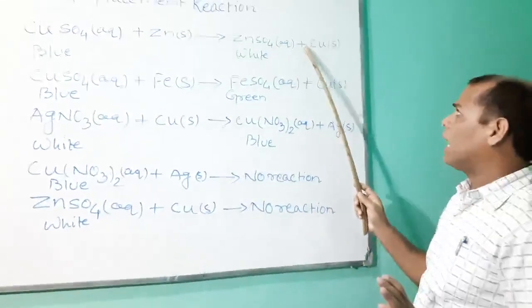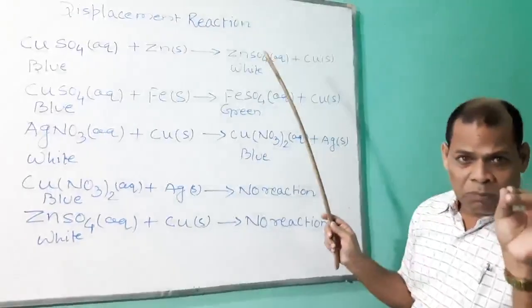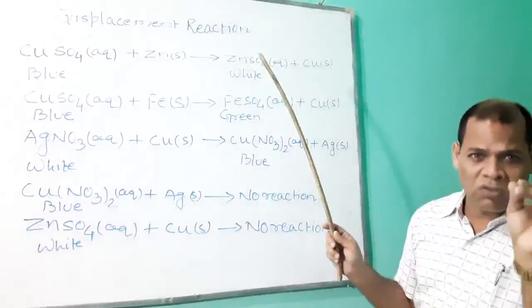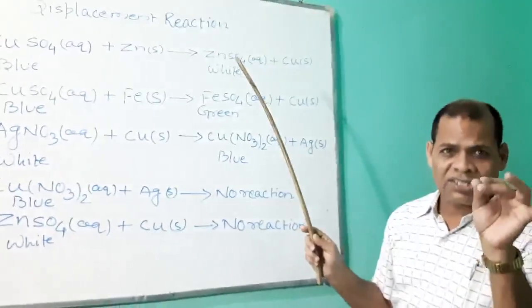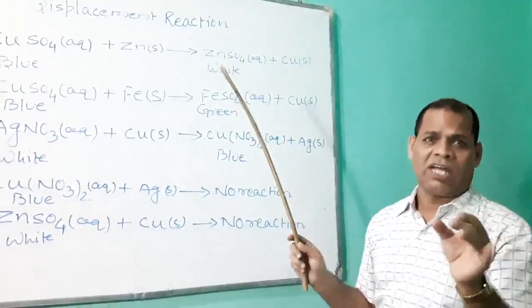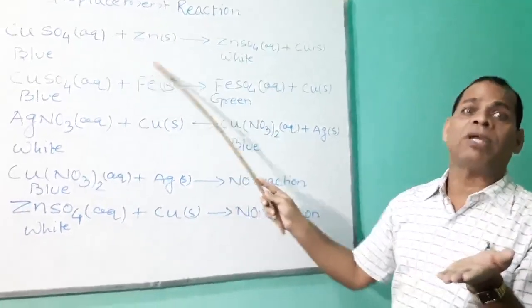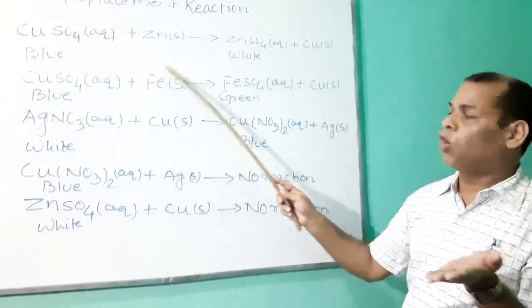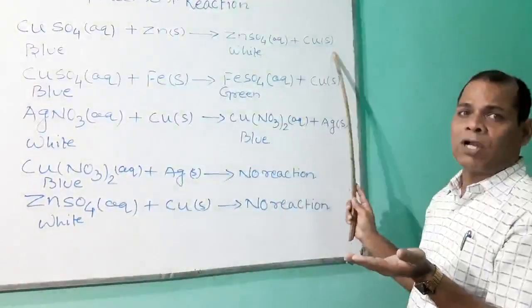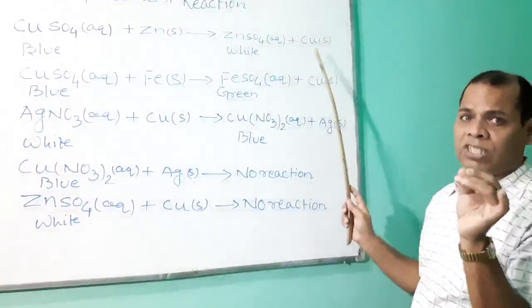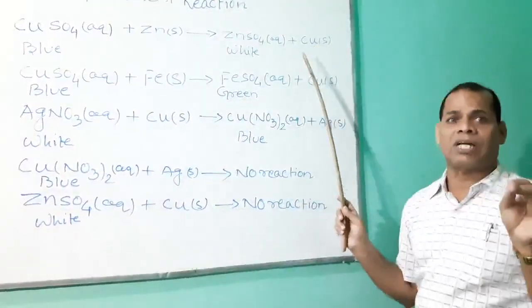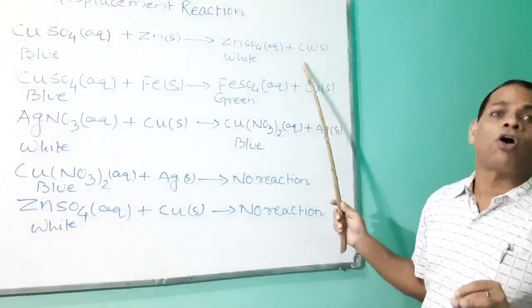A brownish substance is deposited on the surface of the zinc metal. That brownish substance is nothing but copper.